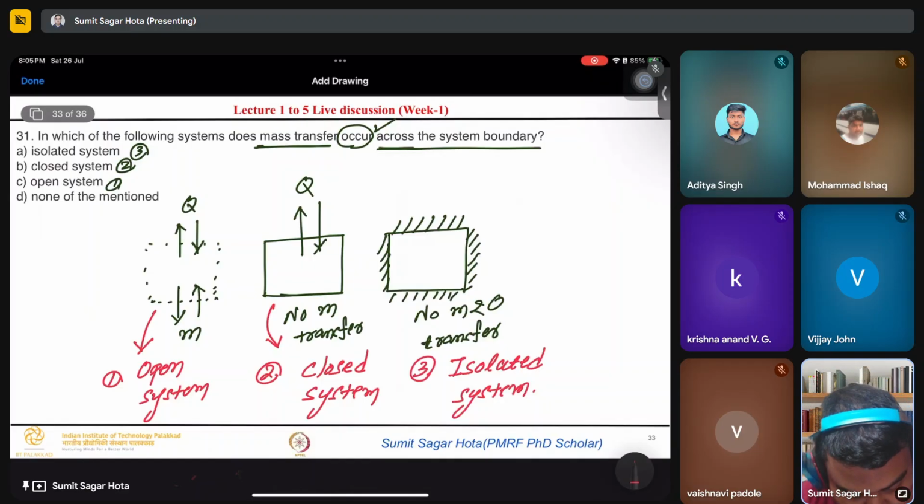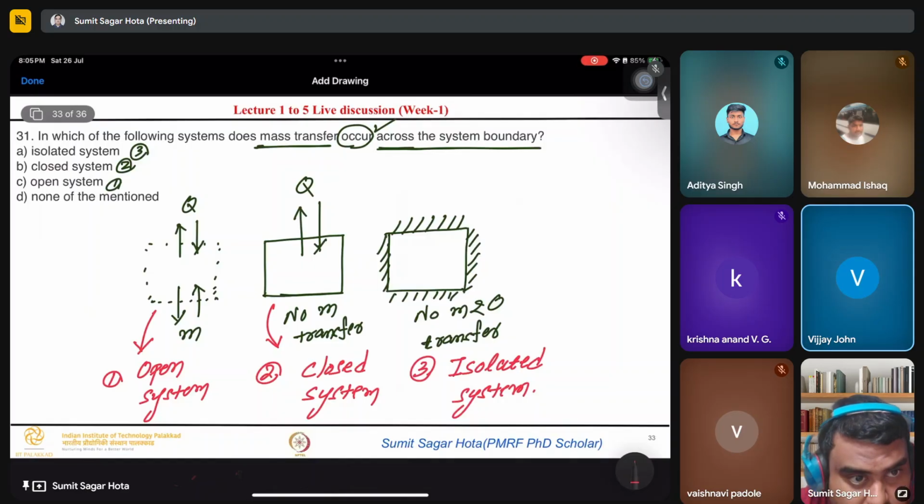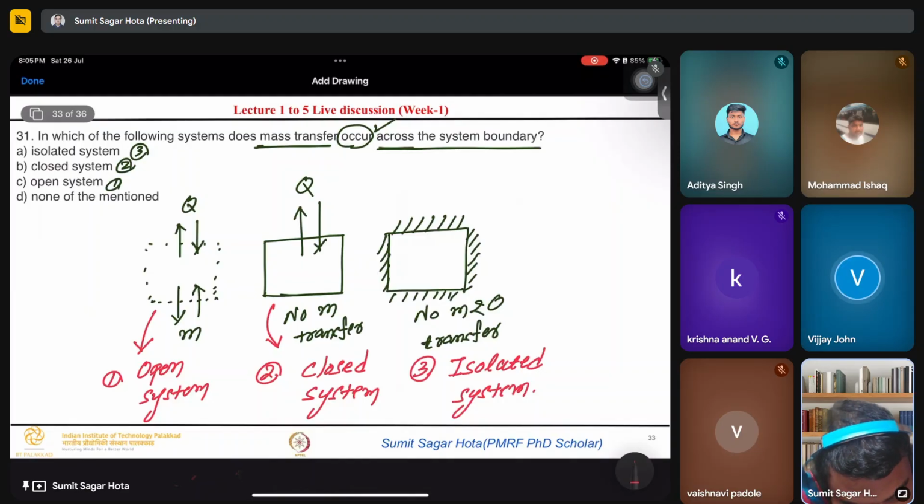So for this question, it says mass transfer occurs across the system boundary. So it's an open system, because only in an open system is there permission for mass transfer.